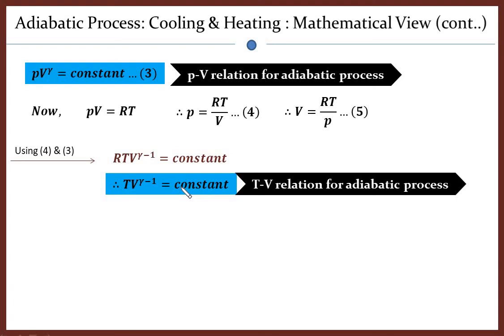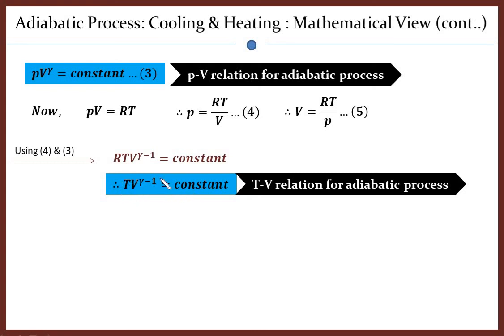And if you look at this expression, you can easily justify the heating and cooling effect. Why? While compressing the gas, V is decreasing. Volume of the gas is decreasing. Therefore, this part is decreasing. And in order to maintain this constant, you have to increase temperature.